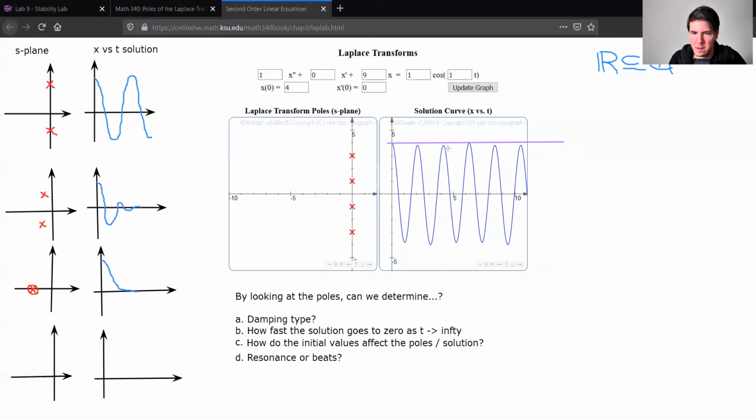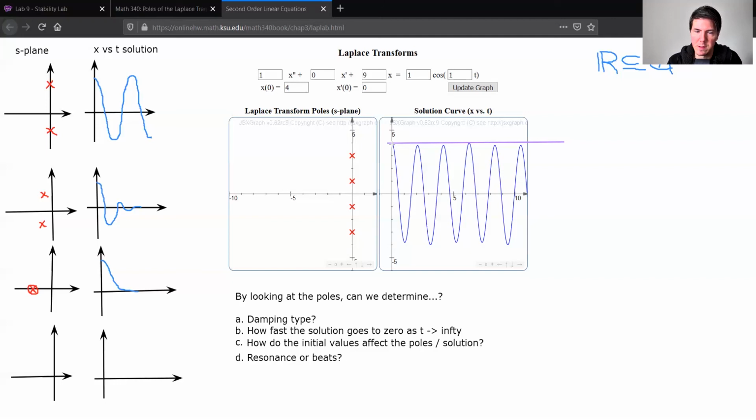So it doesn't seem like it could be resonance because the peaks aren't strictly growing. And moreover, it looks like it might be beats because between two amplitudes, other amplitudes are smaller, which is what you have with beats.